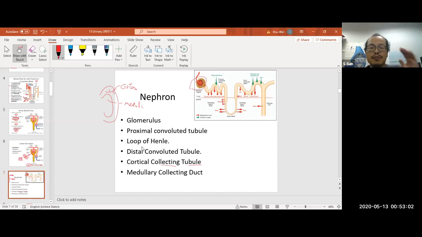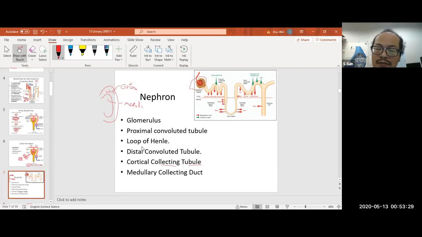Before we jump into the function, we need to know the structure. The structure includes the blood vessel structure and the tubule structure. In the blood vessel structure, we have the afferent arteriole, glomerular capillary, efferent arteriole, then the peritubule capillary, then the vein.